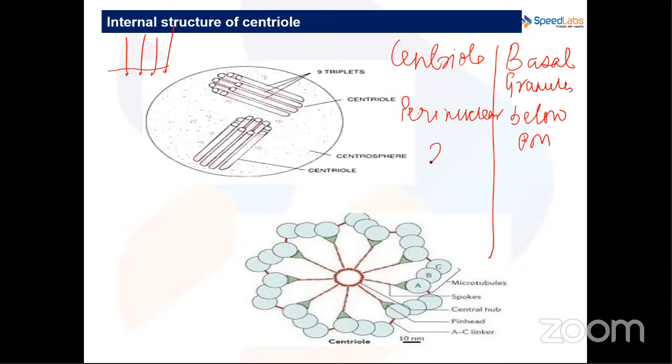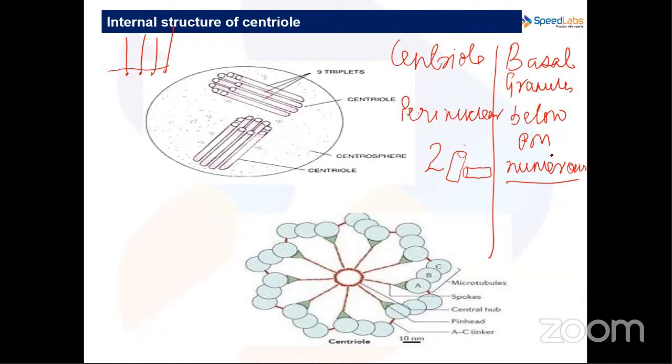Centrioles are two in number, and they have two structures which are perpendicular to each other. If this is one, then another centriole is going to be perpendicular to it. And then you have these particles all around. Basal granules are numerous. What will be the number of basal granules? Obviously, the number of basal granules will be equal to the number of cilia or flagella.